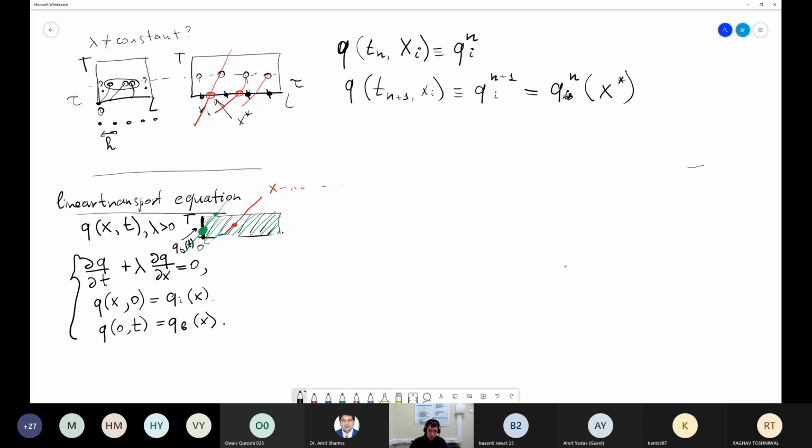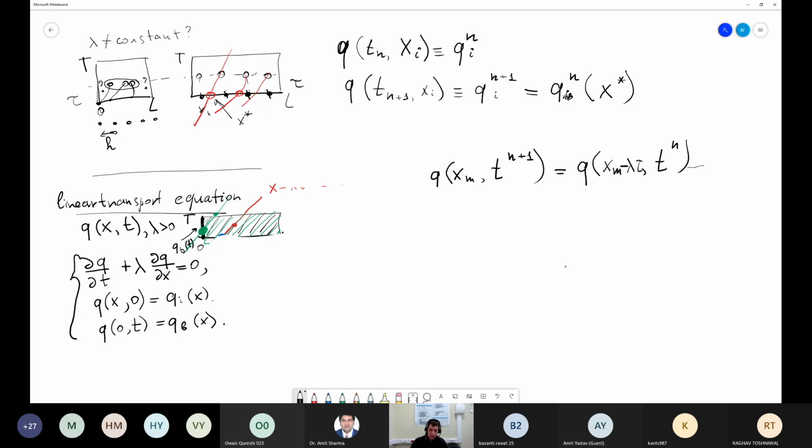We know that, according to the internal property of the linear transport equation, the solution at the next time moment at the same point is equal to q at the previous time moment, but calculated at the point x_m minus lambda tau. This is the coordinate of the point.